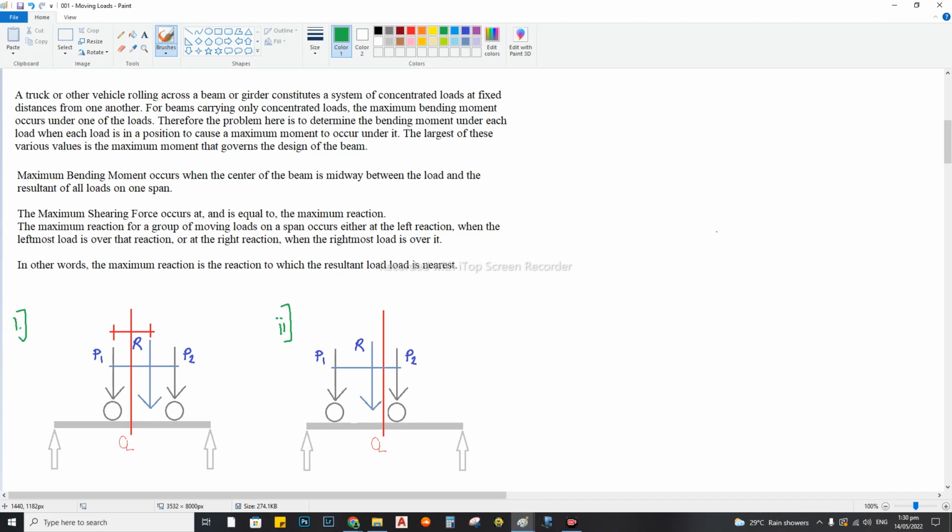The maximum bending moment occurs when the center of the beam is midway. So that is the condition.